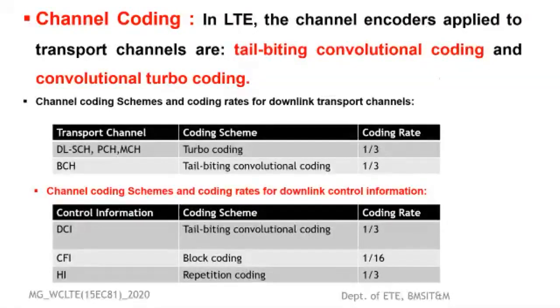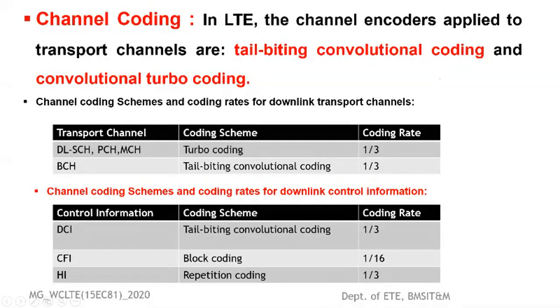So here there are 2 types of coding. One is tail biting convolutional code, and another one is turbo coding. Okay, so here I have just mentioned what the different transport channels are and what coding scheme is used at what coding rate.